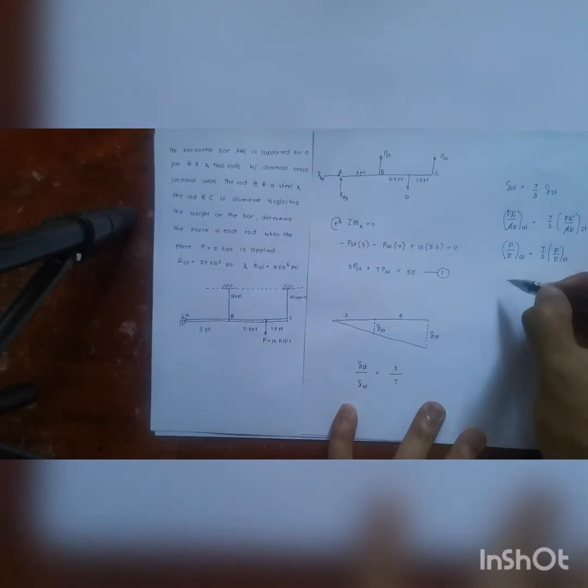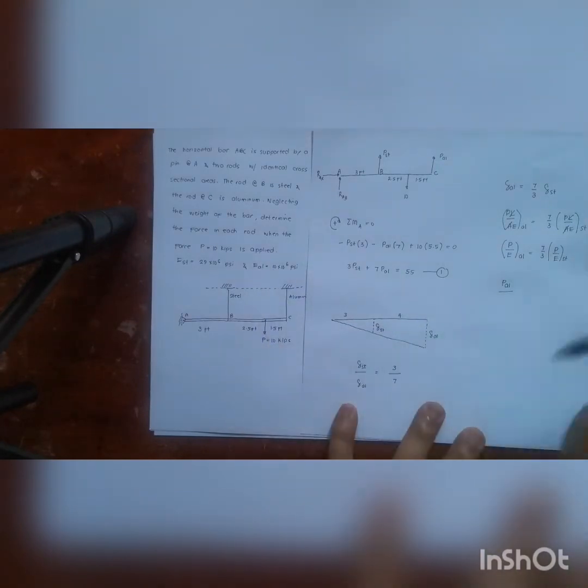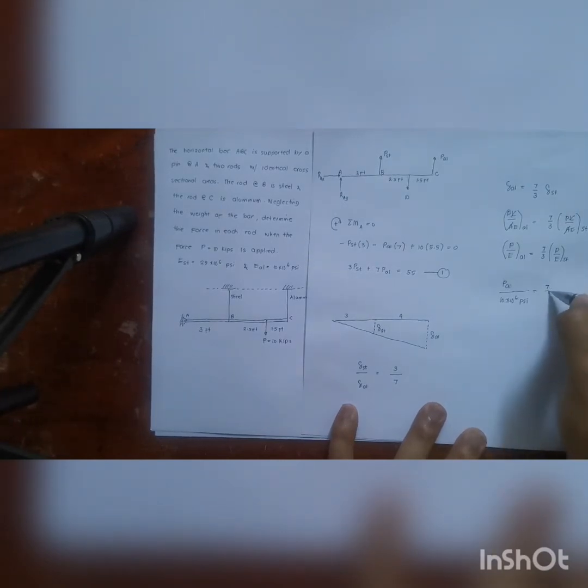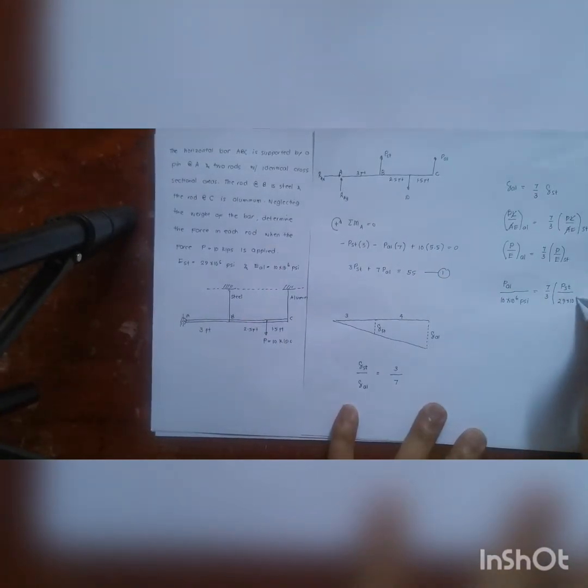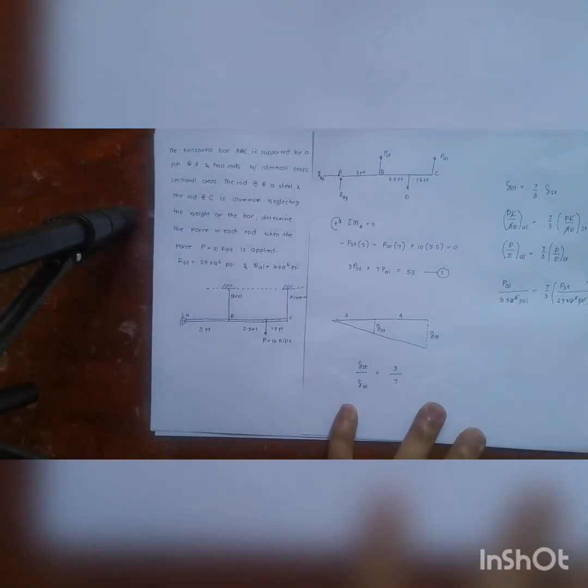Therefore, substituting, the load in aluminum over the modulus of elasticity of aluminum given in the problem, 10 times 10 raised to 6 psi, equals 7 over 3 times the load of the steel, which is also unknown, over the modulus of elasticity of steel, which is 29 times 10 raised to 6 psi. The times 10 raised to 6 and psi cancel.